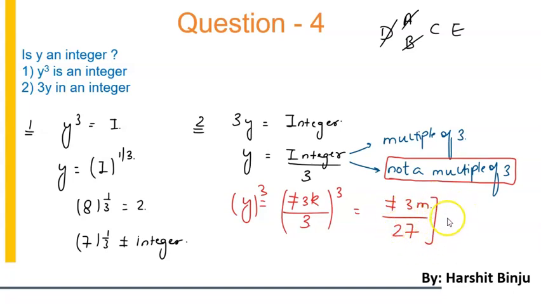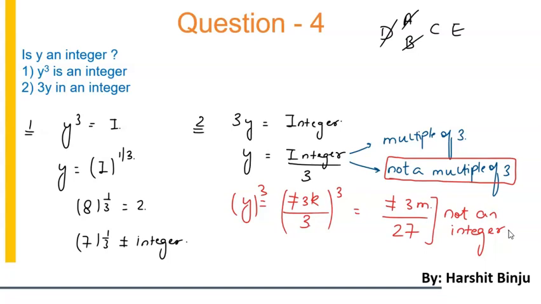Now this is not an integer. Because if 3m divided by 27 were to be an integer, then m needs to be a multiple of 27. Now if the number 3k itself is not a multiple of 3, then from where will you get 27? It's not possible, right?